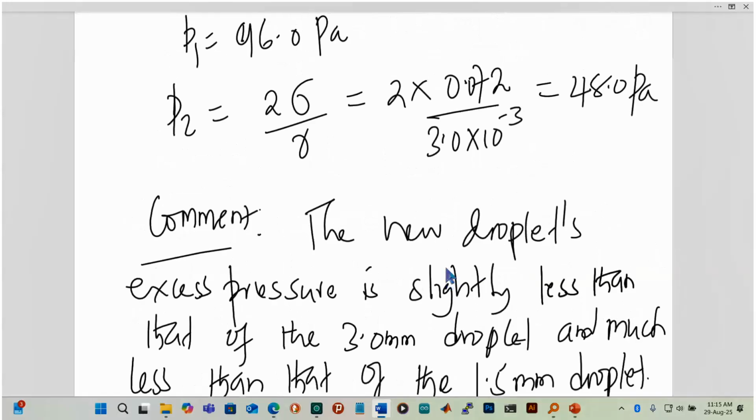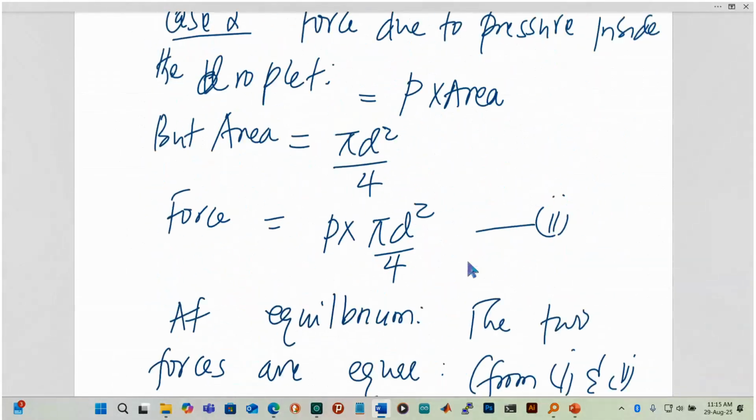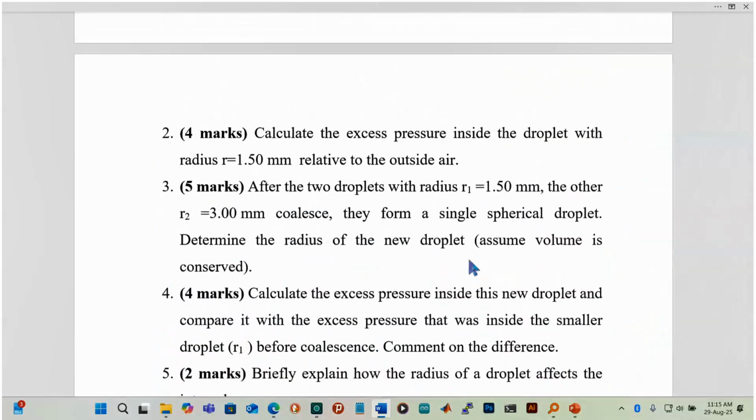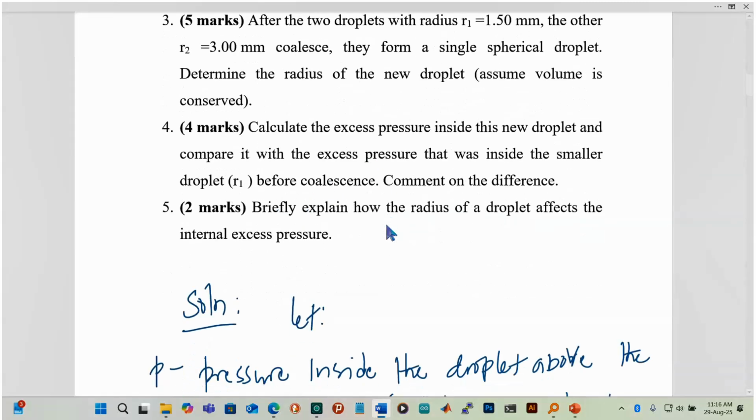So that's very important for us to comment. And finally, that is actually what was required of us: explain how the radius of the droplet affects the internal pressure. First of all, we realize that as radius increases, the excess pressure reduces.